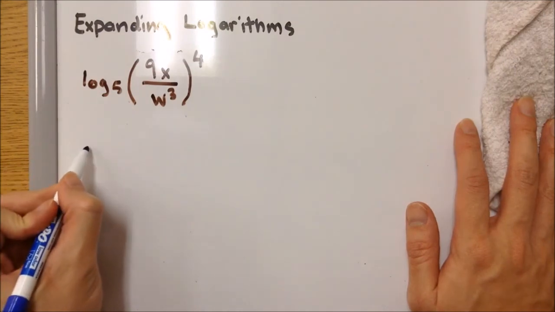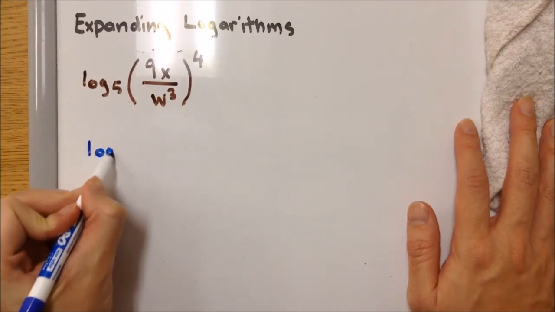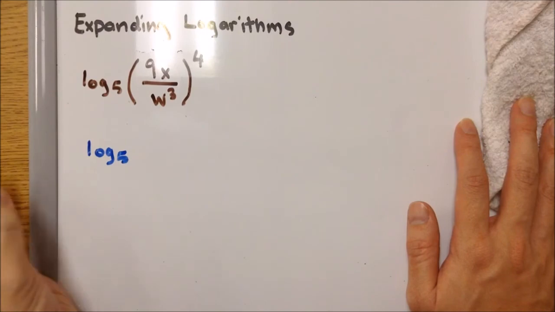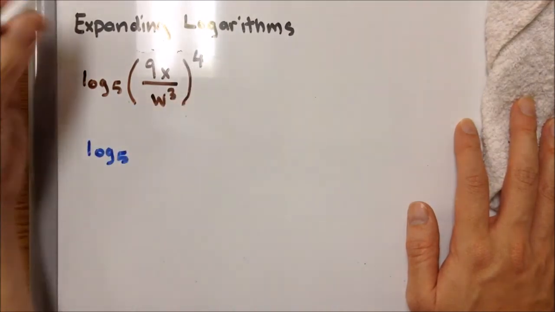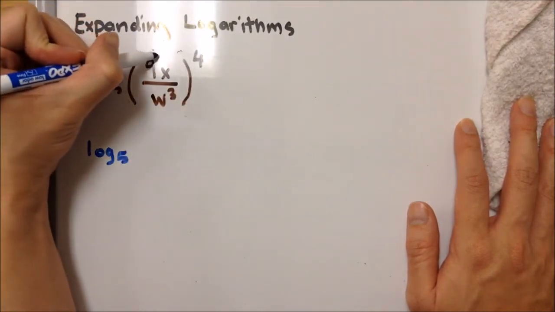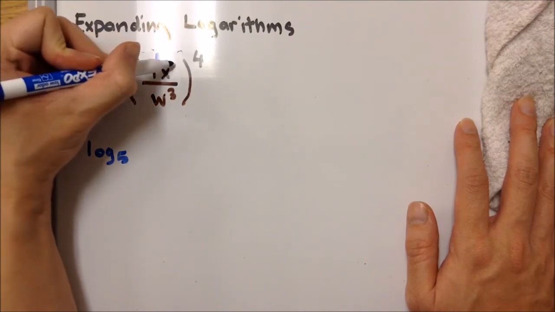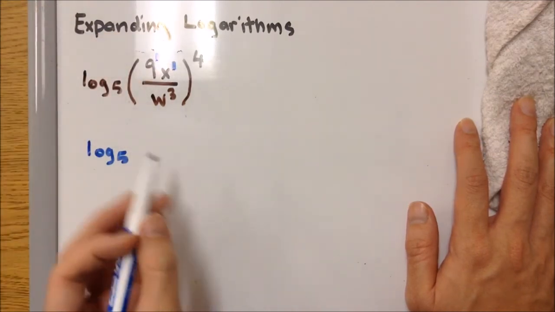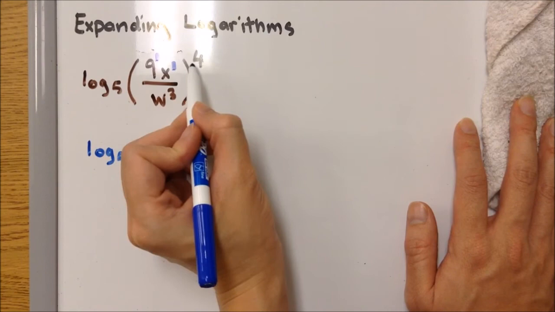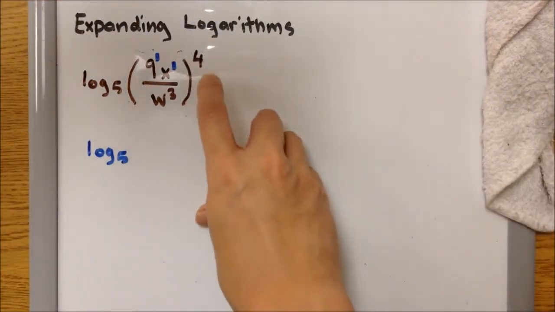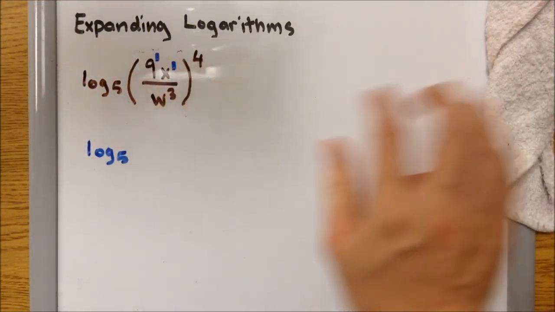So what we're going to have is log base 5 of, I'm going to distribute, again, the 9 has an exponent of 1 and the x has an exponent of 1 too. So I'm going to distribute the 4 to all the exponents.